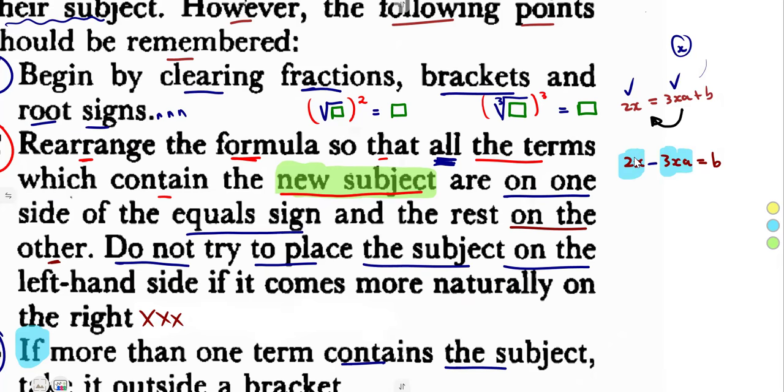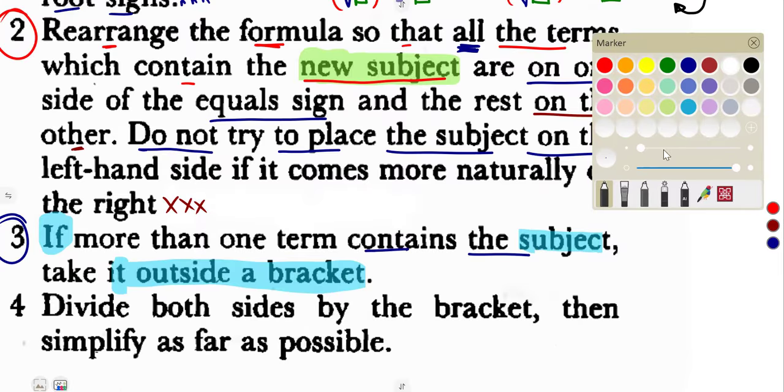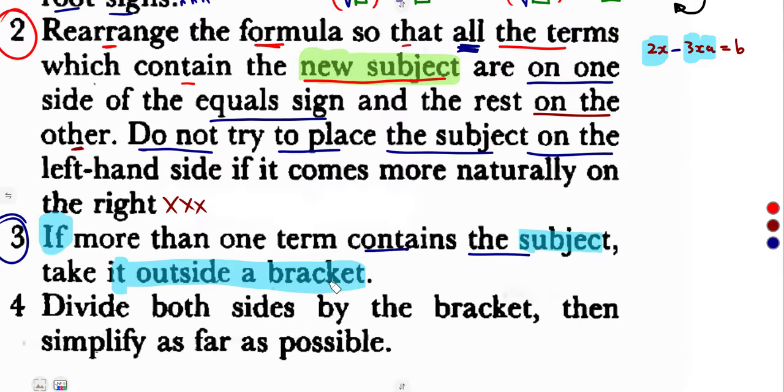This term contains x, this term contains x. This is what they are trying to say. So if that condition occurs, that more than one term contains the subject, take it outside a bracket. What are you taking outside? The letter to be the subject of the formula now. You must take it out.